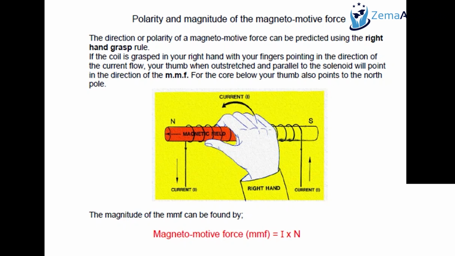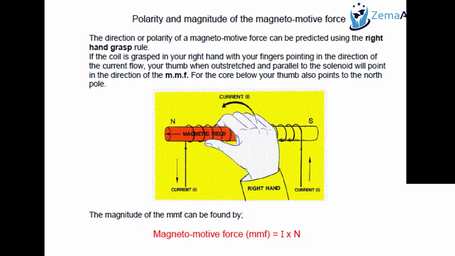Now, of course, we are dealing with alternating currents, but to understand the behavior of the solenoid and the electromagnet, we started with the concept of DC current before we jump on to alternating current, because in alternating currents your north and south poles change after every half cycle. So that's something to look out for.